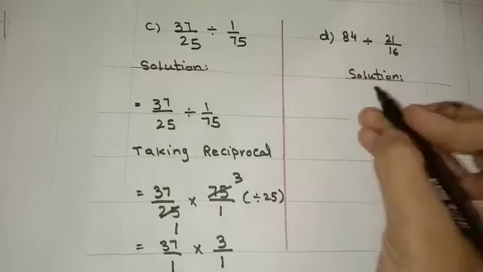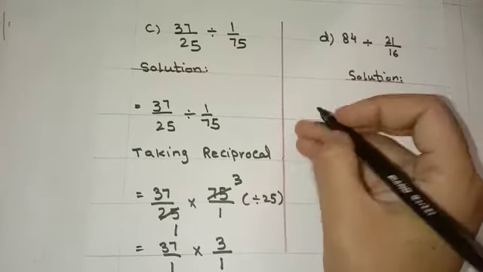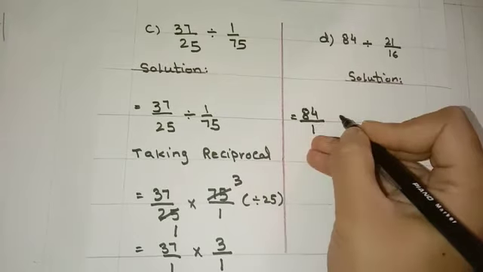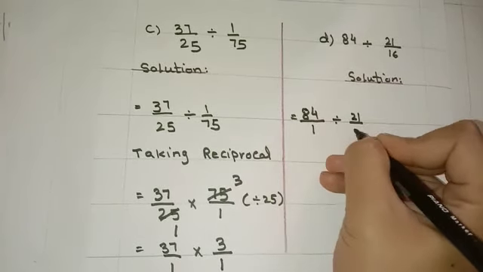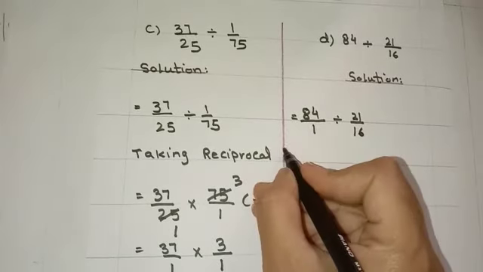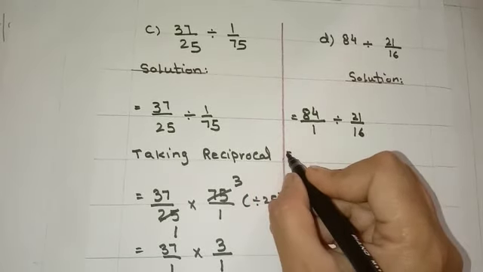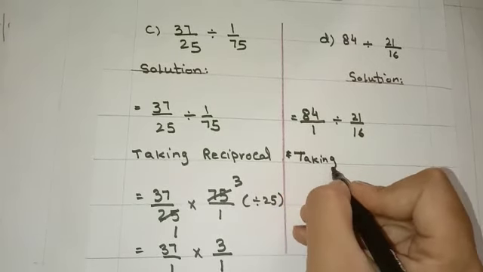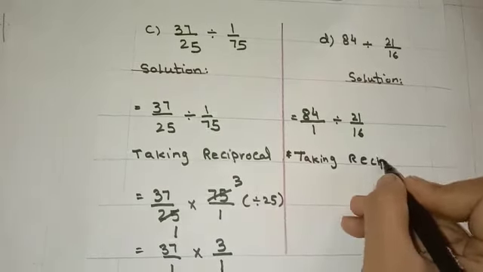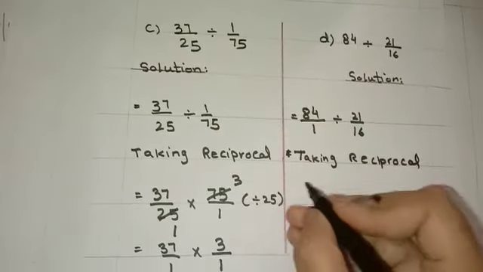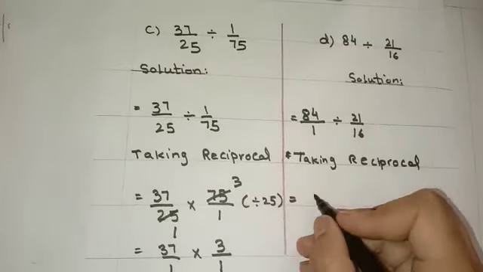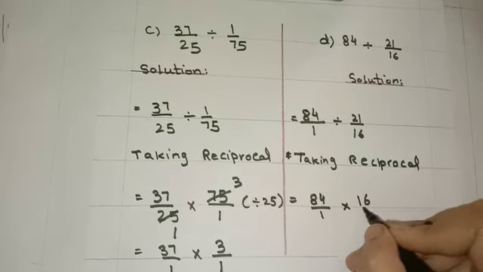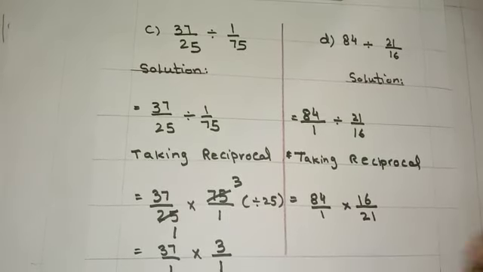Now the last part, D part, 84 divided by 21 over 16. There is nothing in the denominator, so we will write 1 divided by 21 over 16. Now taking the reciprocal, we have 84 over 1 multiply by 16 over 21.